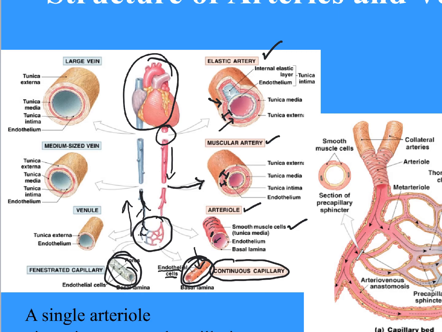And then, as you can see, more vessels merge together, and so you finally make some of the larger veins. As the blood returns through these vessels back to the heart, tissue layers are added on. So in the veins, once there's a tunica externa added back on, that's what we call a venule.